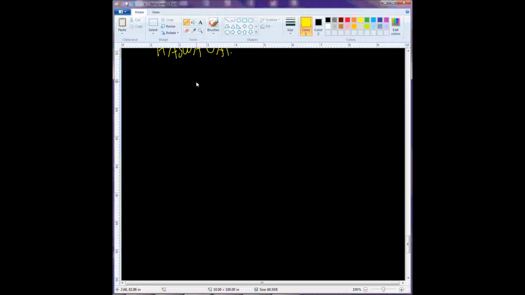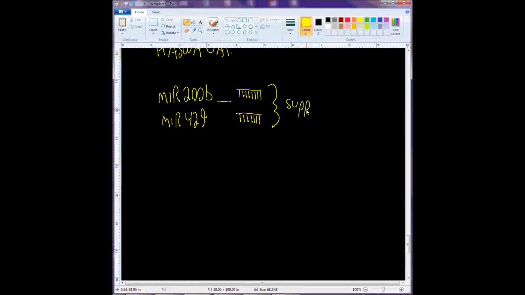So what is going on here? It looks like miR200B and miR429 make microRNAs, or are microRNAs, that are used by the RISC complex. And what they do is suppress a gene called ZEB1.